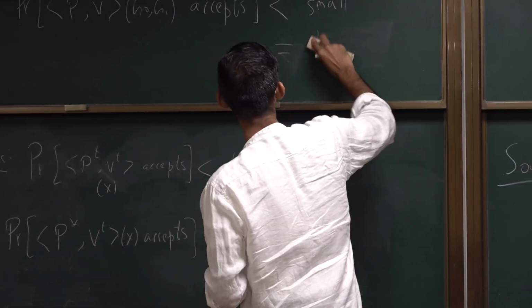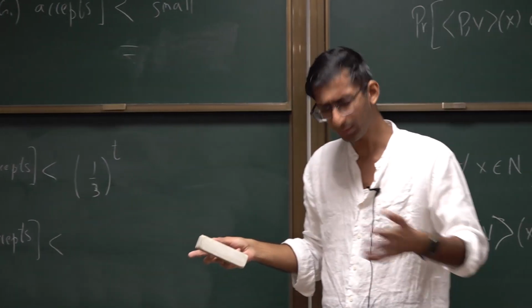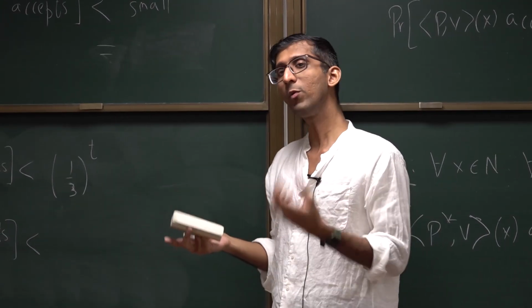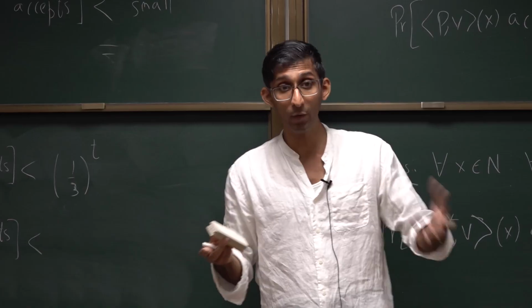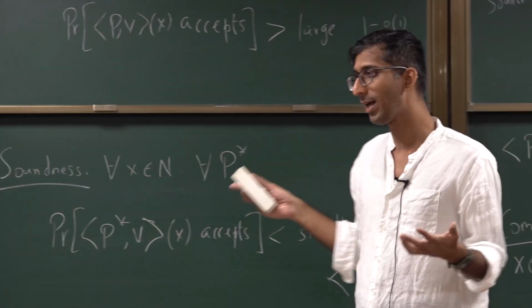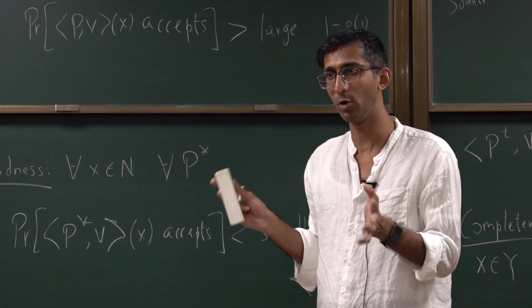In general, we have no guarantees about independence across the different iterations, since we don't know what the prover is doing. But what we would like to say is that whatever the prover is, there is some prover P star doing something, and all we really care about is the probability it accepts in all the iterations. That's all we want to model.